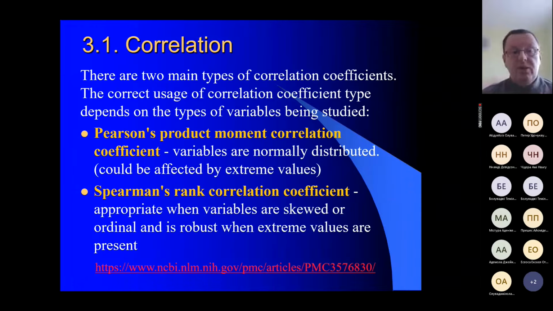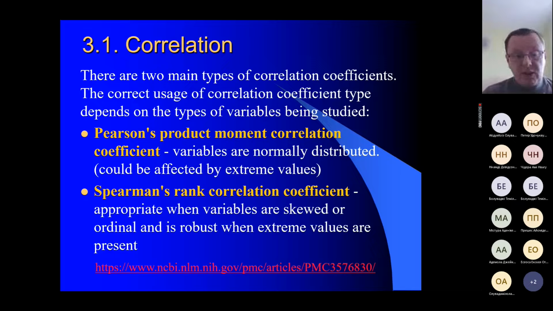Practically, two main types of correlation coefficient can be used, depending on the data types and the distribution type of our sample data. First, the Pearson or product moment correlation coefficient: when we use it, we expect that variables are normally distributed and we deal with continuous variables, so both independent and dependent variables are continuous.